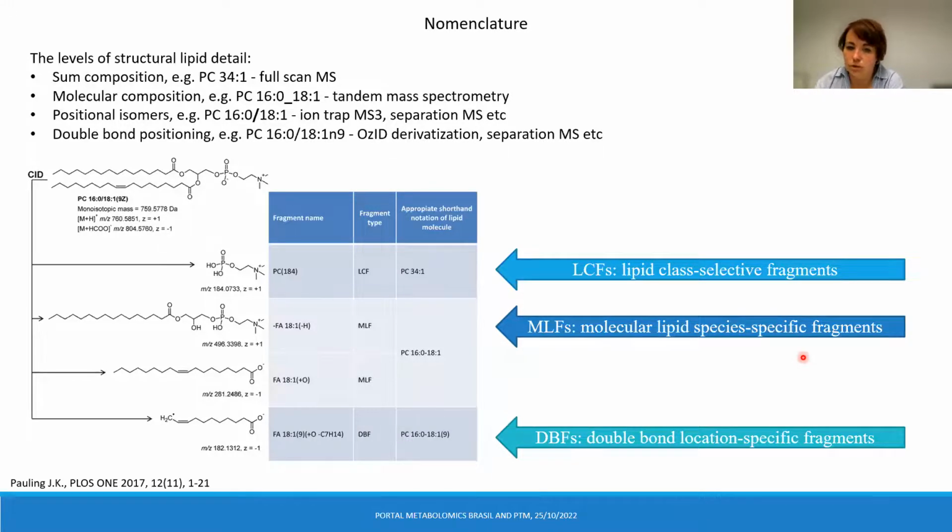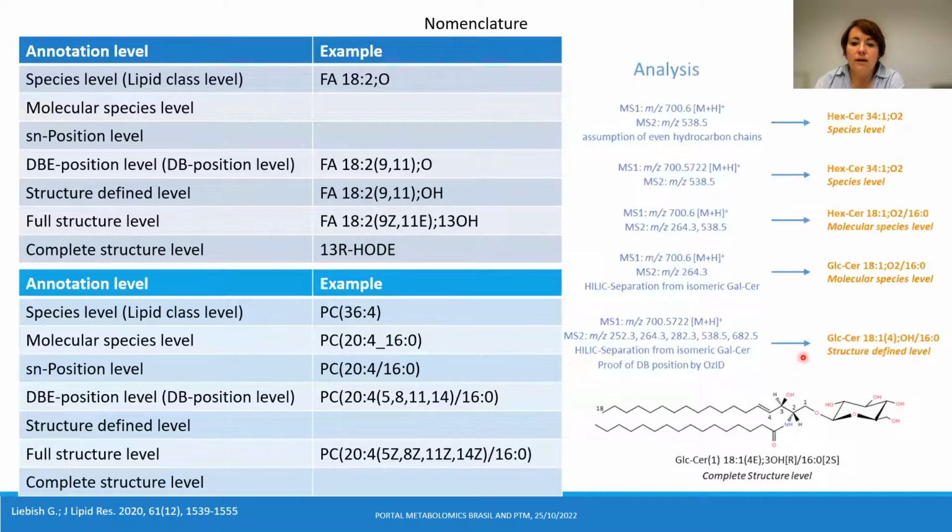Now, this publication prepared by Gerhard Liebisch and other people in collaboration with LIPID MAPS from 2020 is one of the most important lipidomics publications in the last years. Please, if you don't know it yet, check it.